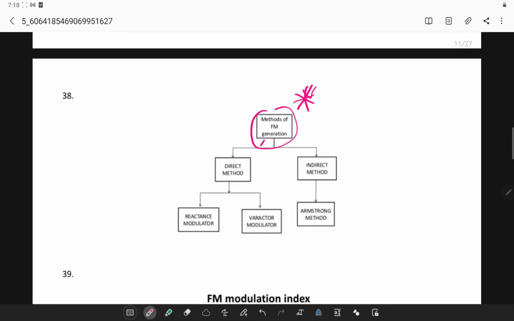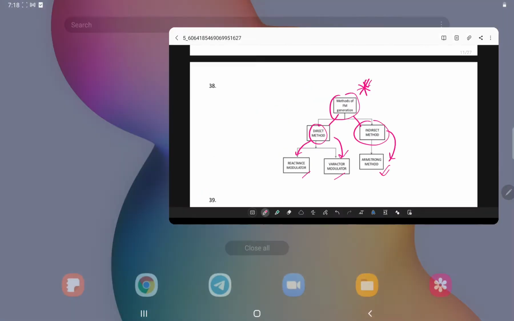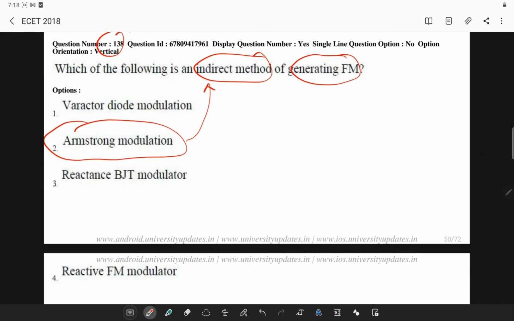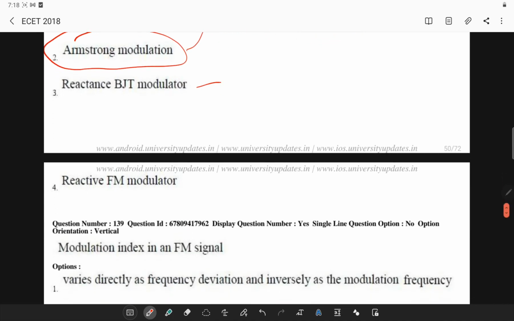Among the methods of FM generation, we have two methods, direct and indirect. In the indirect method you have only the Armstrong method, whereas in the direct method you have the reactance and varactor modulator methods. You can expect that in the next examination a question can be framed on varactor diode modulation or another modulating method, which is a direct method.